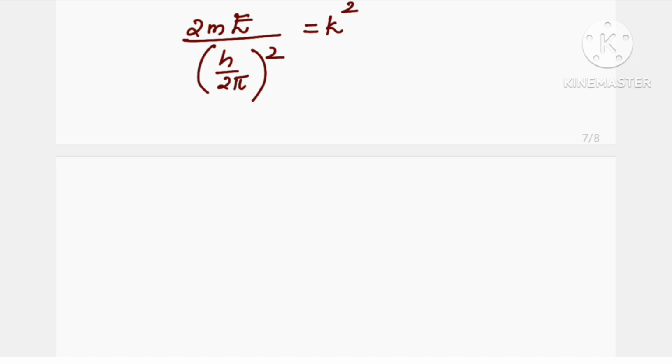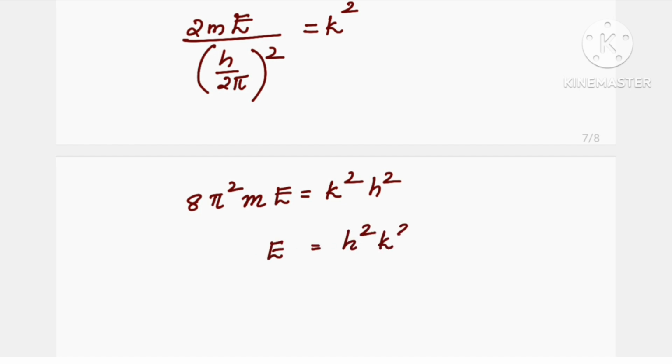From the above equation, the lowest denominator can be 8 pi square m, with 2 into 4 in the numerator. That is, we can write 8 pi square mE is equal to k square into h square. Then we can write E is equal to h square k square divided by 8 pi square m.